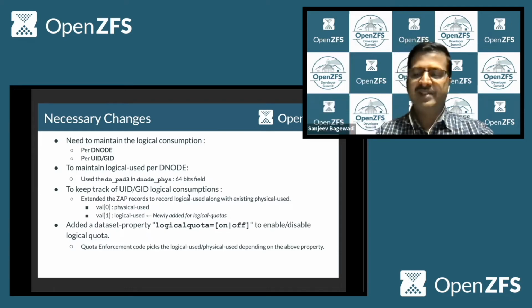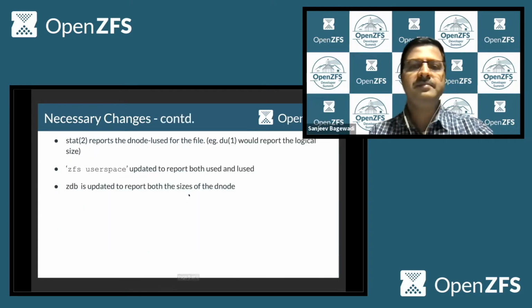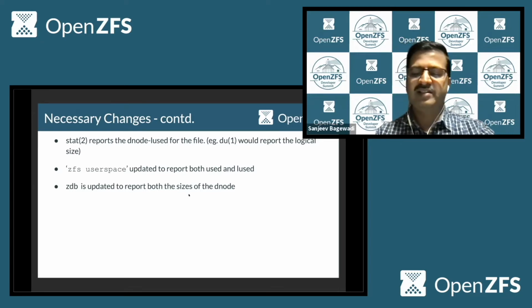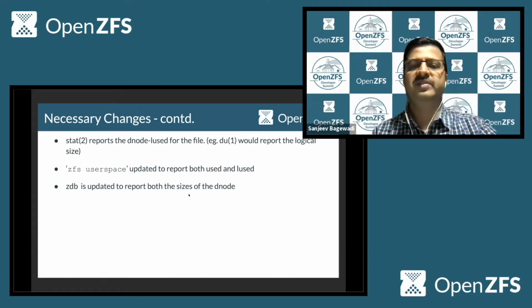So those were the changes that we did, and a couple of other things that we modified is in the VFS or in the VNOps, where the backend for stat, which is your ZFS get actor, there depending on the dataset value for logical quota, we switch to reporting the L used instead of the DN used.